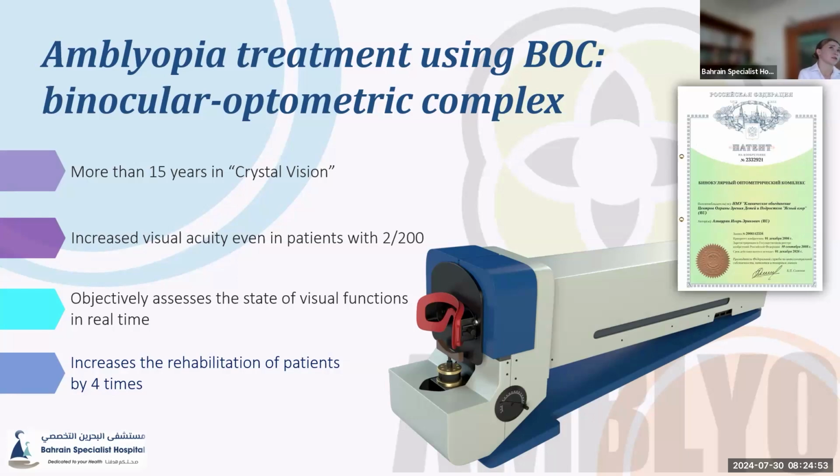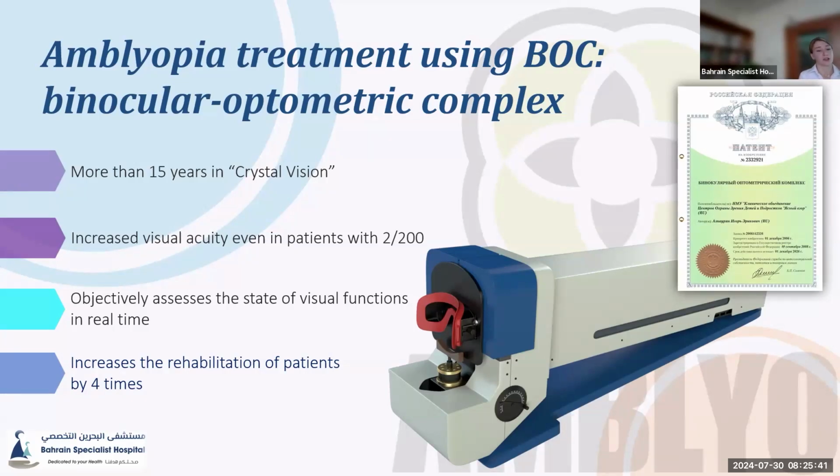Treatment with the binocular optometric complex helps even when it seems impossible to treat amblyopia, even when the visual acuity in patients is 1-2%. It mainly helps with some kinds of inherited dystrophies, when the central part of the retina is already significantly affected, or when there is a partial optic nerve atrophy, quite significant also.